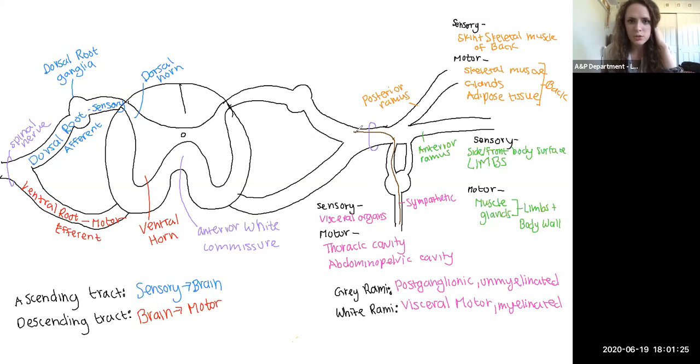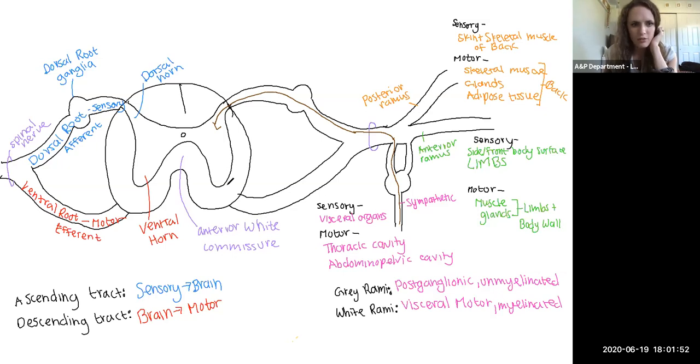It's going to go to your dorsal root because it's sensory, travel through the dorsal horn, where it's going to travel up to your brain using an ascending tract. And your brain is going to say, okay, you're hungry, eat the Panda Express that's in front of you. And you'll be like, okay. And that information is going to come down your descending tract back to your spinal cord.